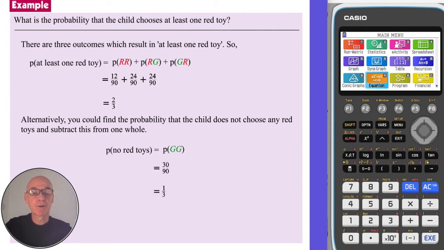And that was the bottom branch of the tree diagram, and that was equal to 30/90ths, which is equal to 1/3. So the probability of picking at least one red toy is 1 minus the probability of picking no red toys, which is 1 minus 1/3, and again is equal to 2/3.